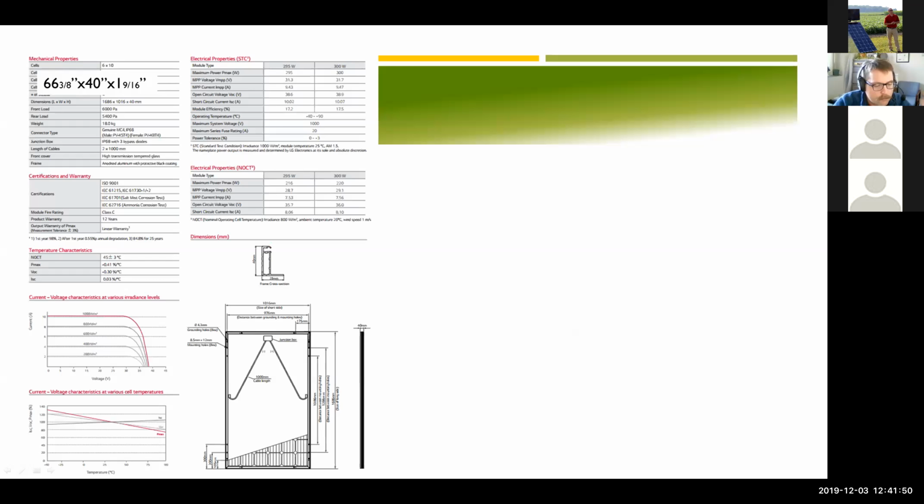So if one breaks and you can't replace it with that same make and model, you can buy a different one, put it in, and it works pretty darn well. I've actually replaced solar panels that got broken with rocks thrown from a lawnmower at one of our research farms with a different brand, and it worked just fine. And so the electronics don't care, but they do some nice things with respect to uniformity.